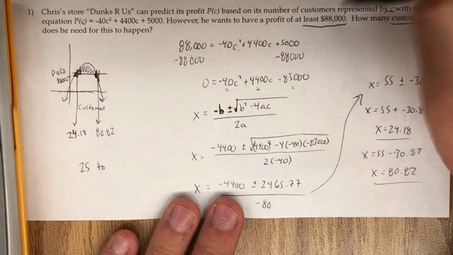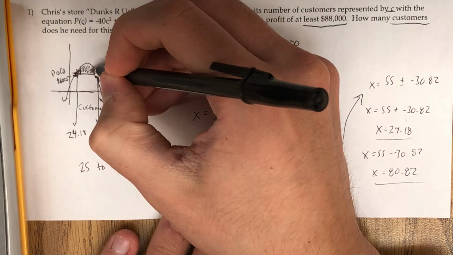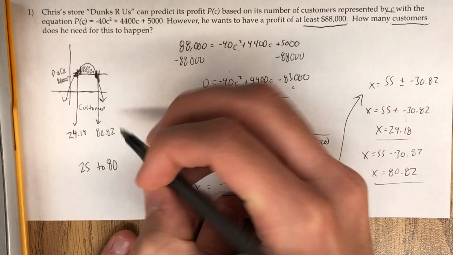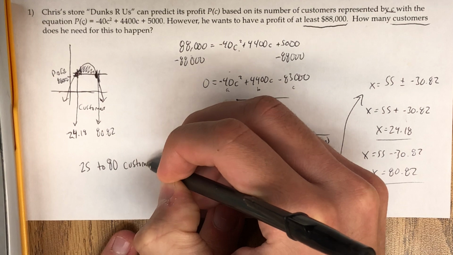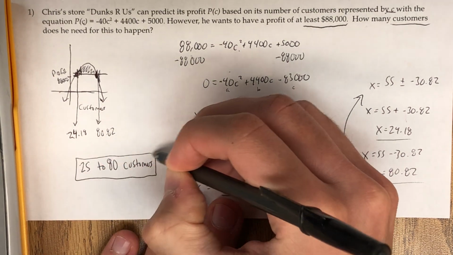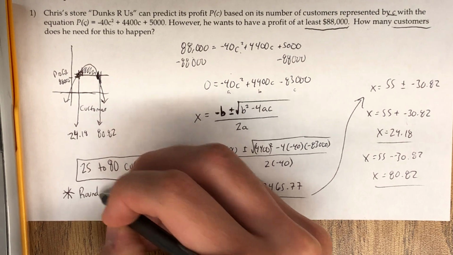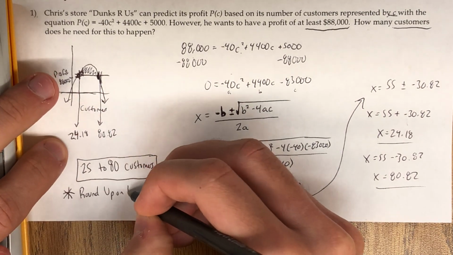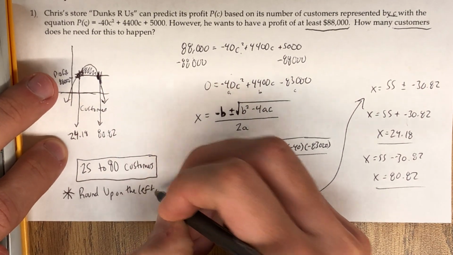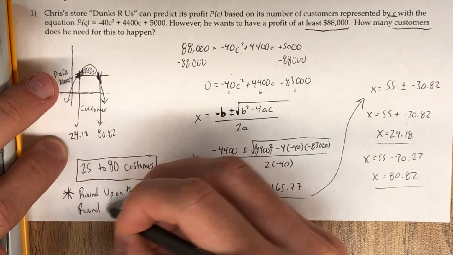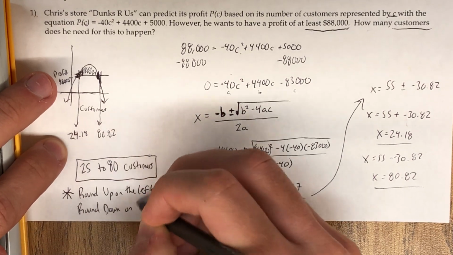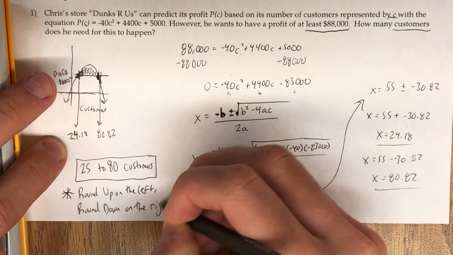So we're not going to meet at least 88,000, so we should round down to 80. So we should have 25 to 80 customers. So the rule here is round up on the left, round down on the right.